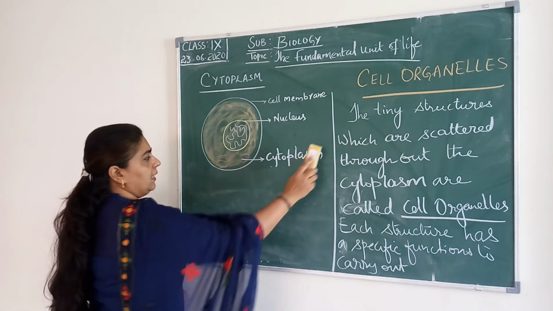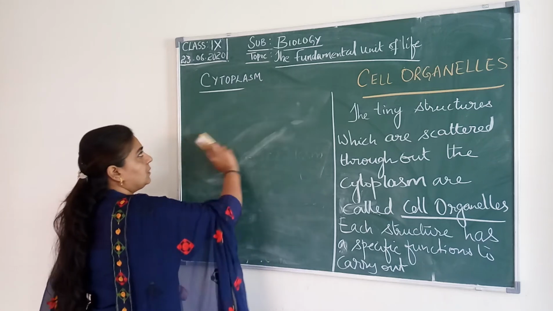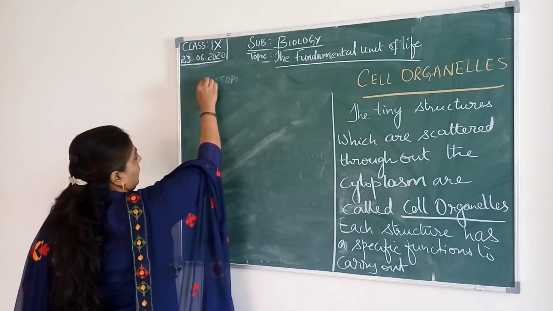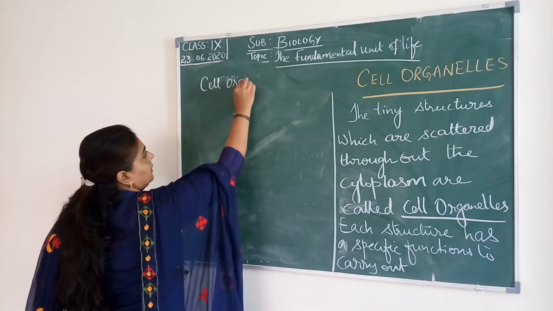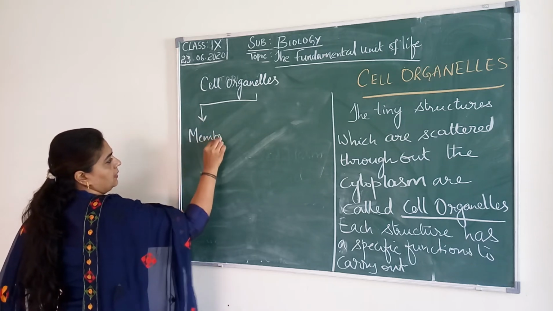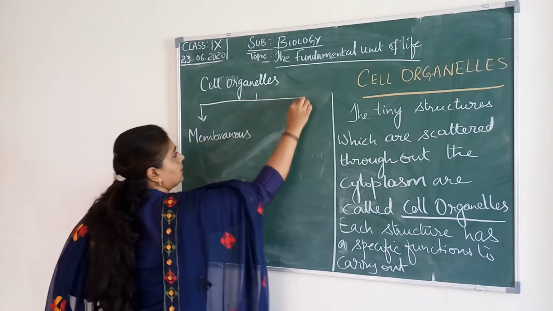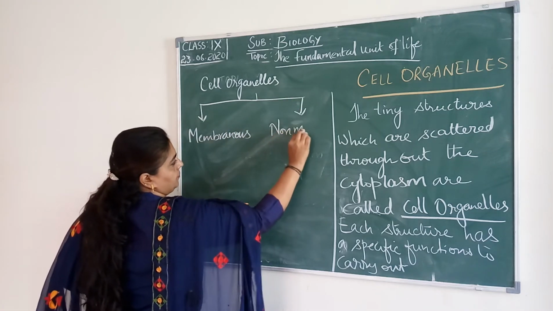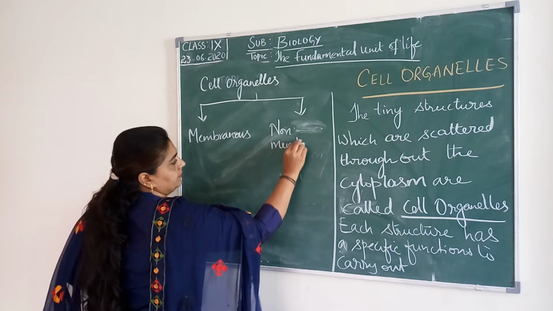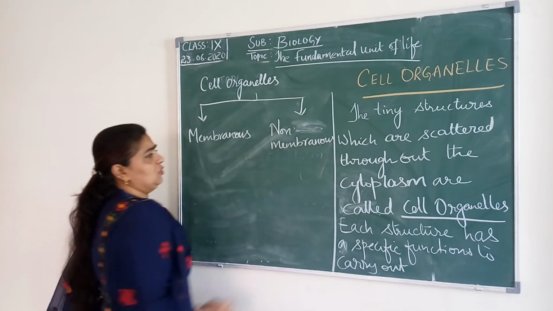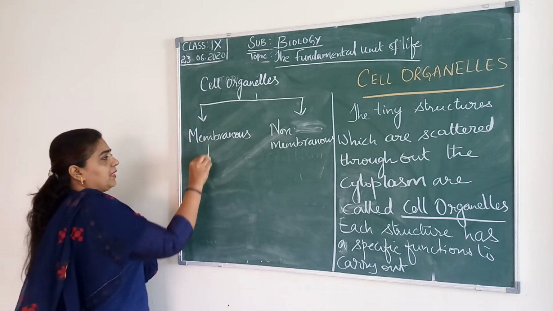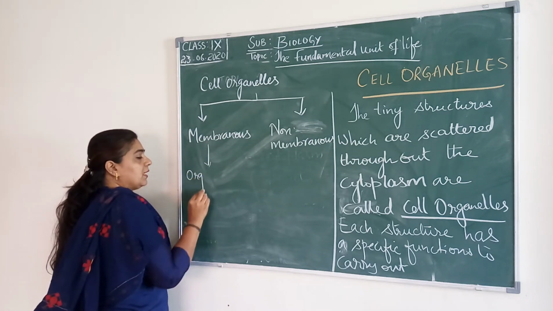We have learned there are two types of cell organelles: membranous, or membrane-bound, organelles and non-membranous organelles. Membranous organelles are the organelles which are bounded by a membrane.